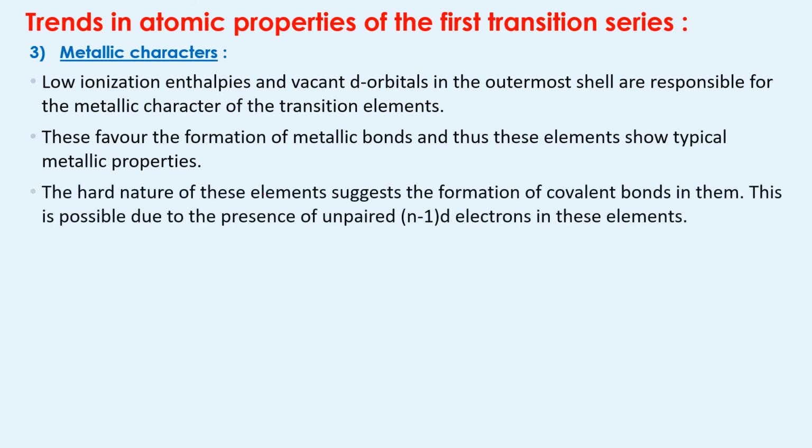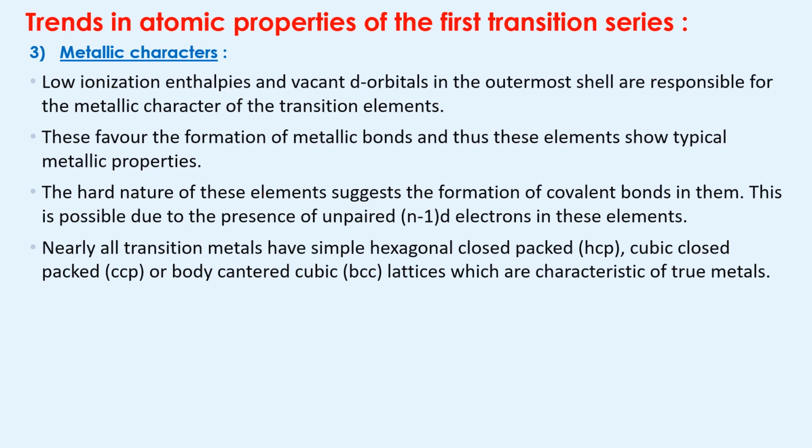The hard nature of these elements suggests that there is formation of a covalent bond in them, and this is possible due to the presence of unpaired n-1 d electrons. This hard nature is explained on the basis of their unpaired n-1 d electrons and the covalent bonds in them.